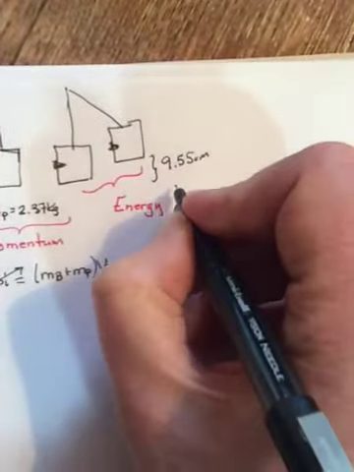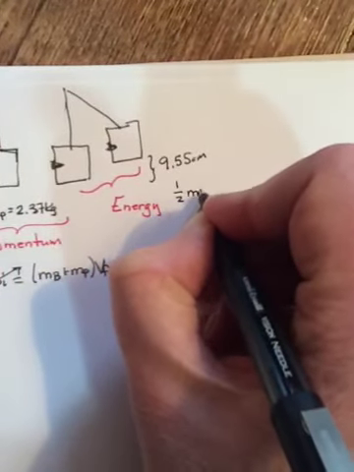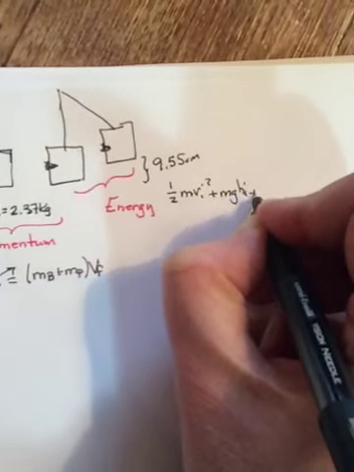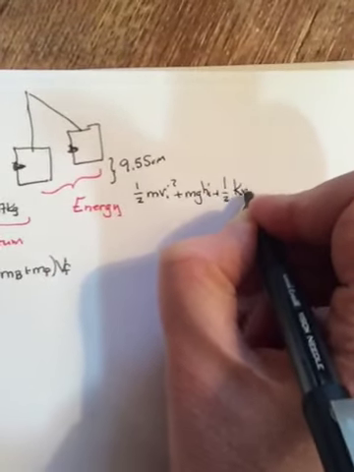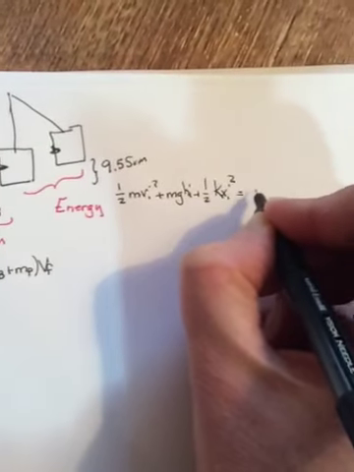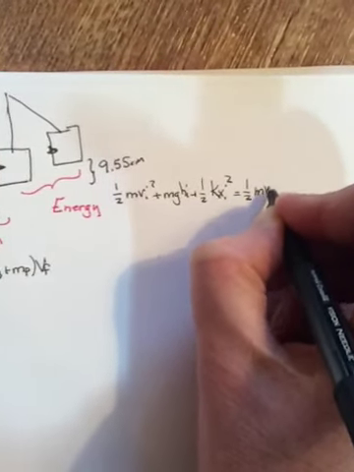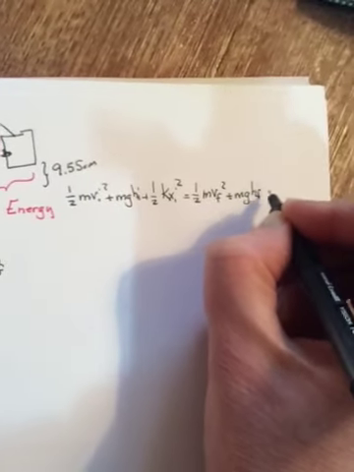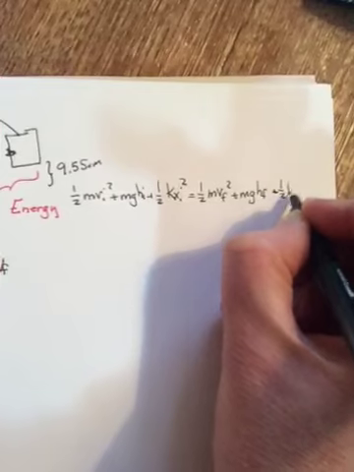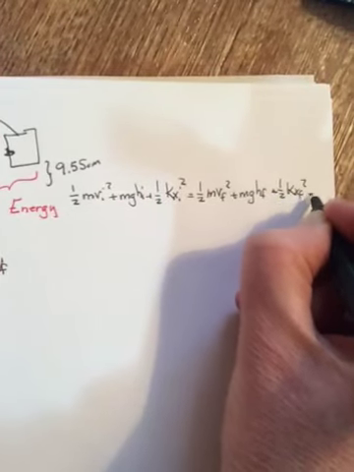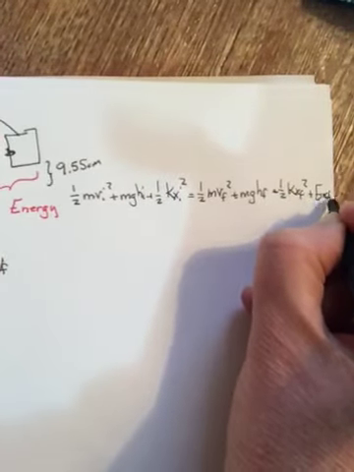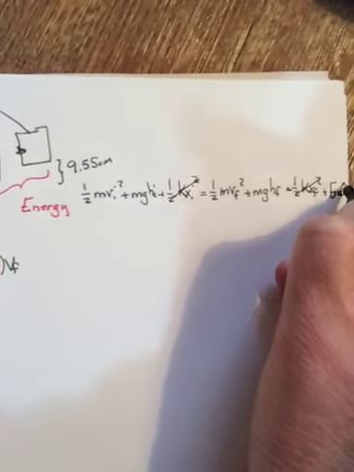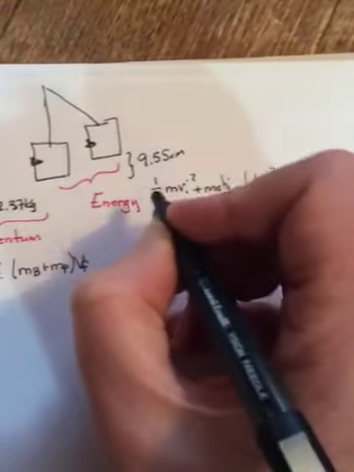So go over here to energy. 1/2 mv initial squared plus mgh initial plus 1/2 kx initial squared is equal to 1/2 mv final squared plus mgh final plus 1/2 kx final squared plus E lost. Okay, there's no spring here, so both initial and final go. It says nothing about E lost, so it's gone.